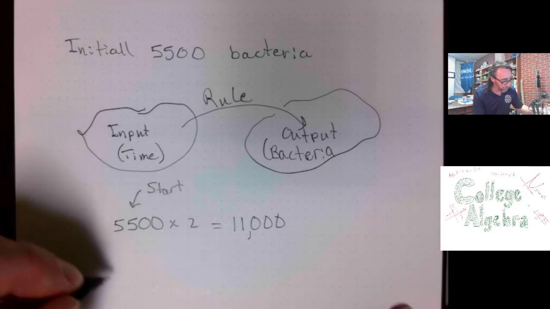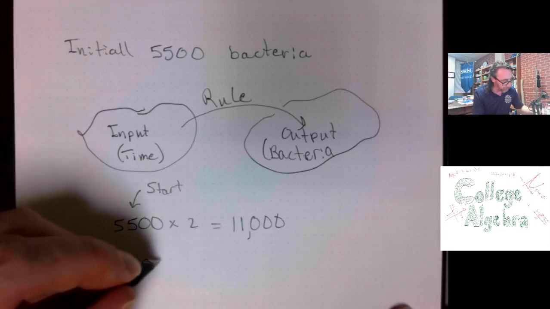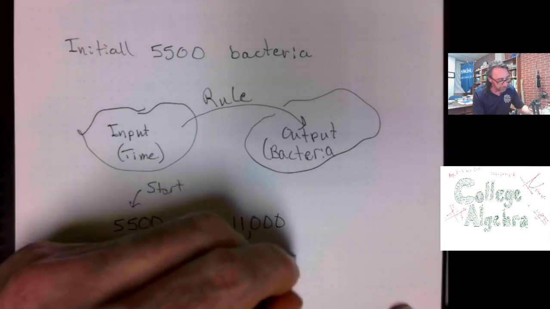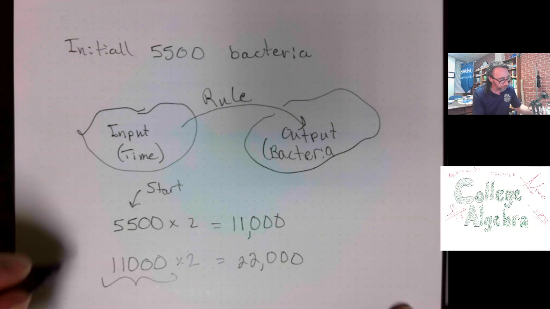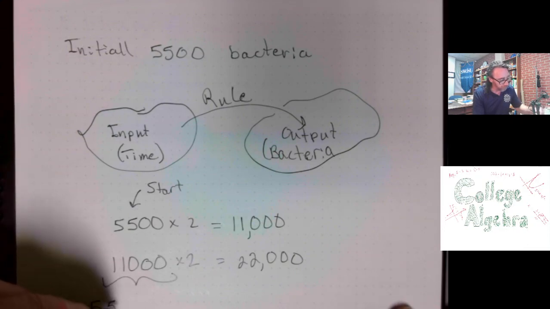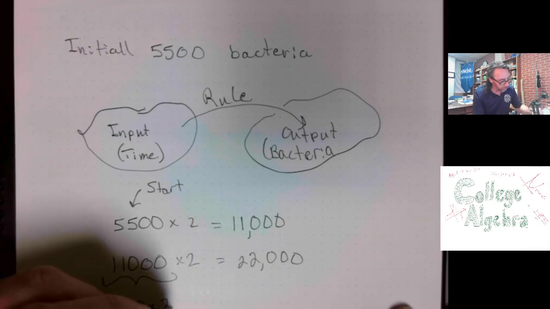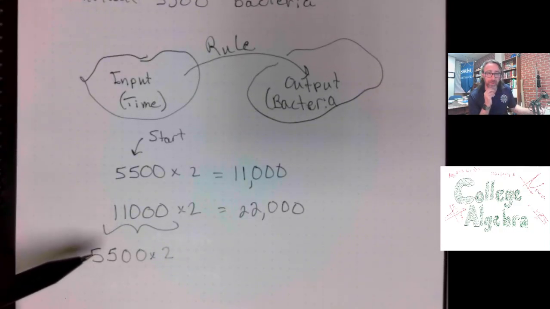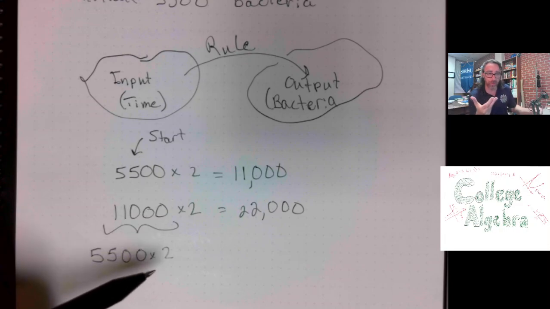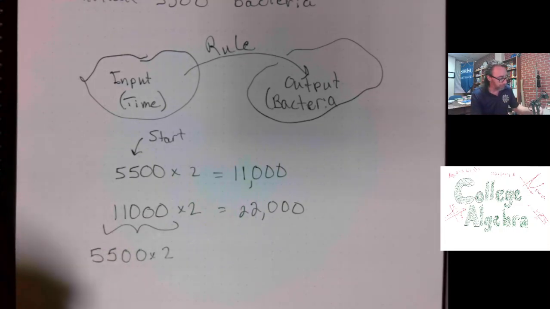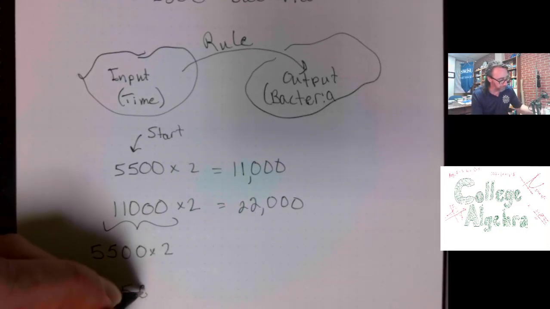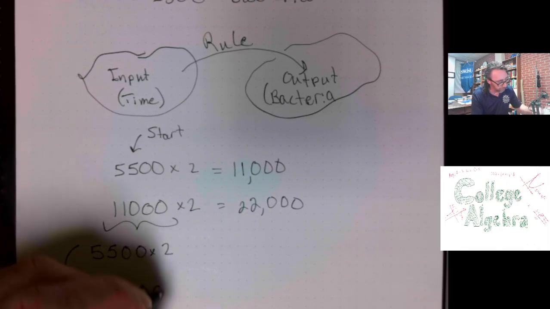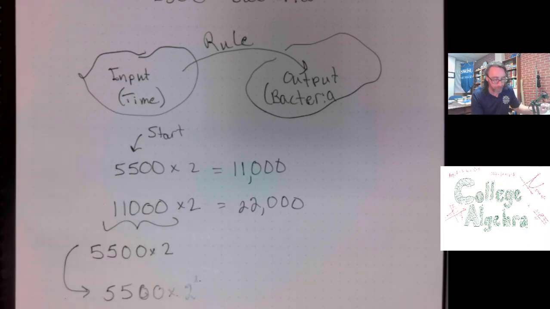So instead of thinking of this as 11,000 times 2 to get the 22,000 at the end of 2 hours, I recall that the 11,000 is 5,500 times 2. So at the end of 2 hours, it's really 5,500 times 2 squared.